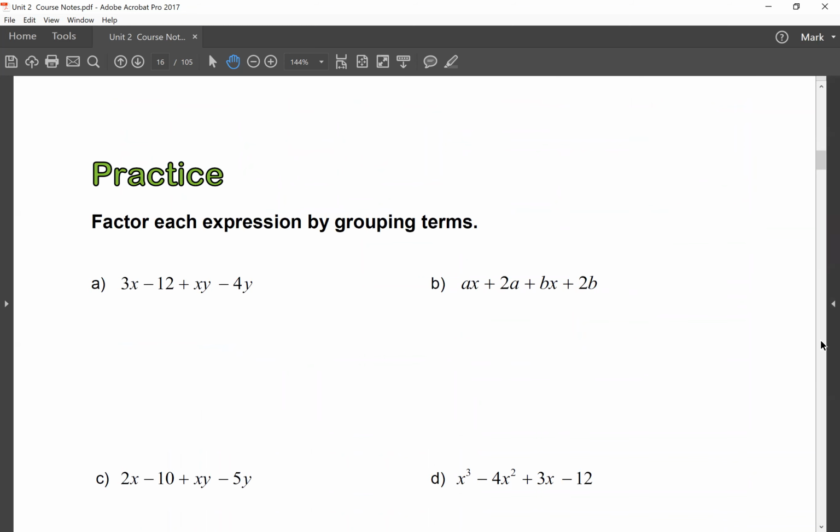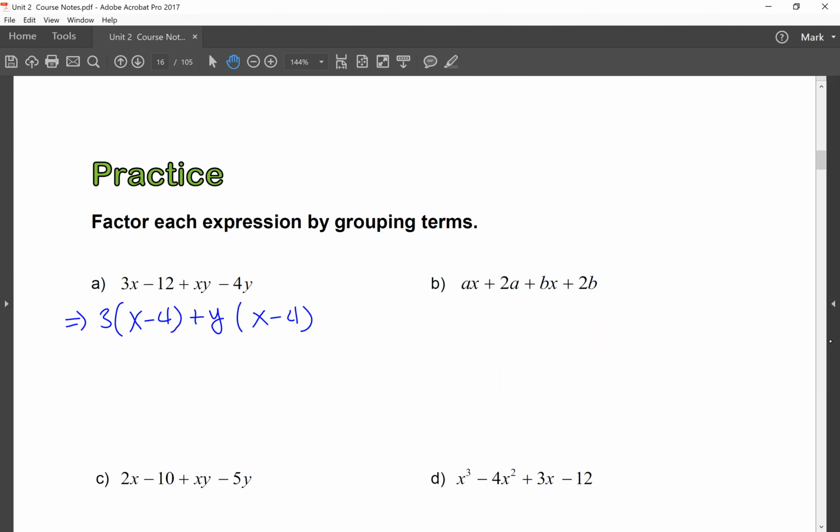So, for example, in letter A, I can remove a 3 here. And this would leave me with x minus 4. In the second monomial, I can remove a y. And this will leave me with x minus 4.